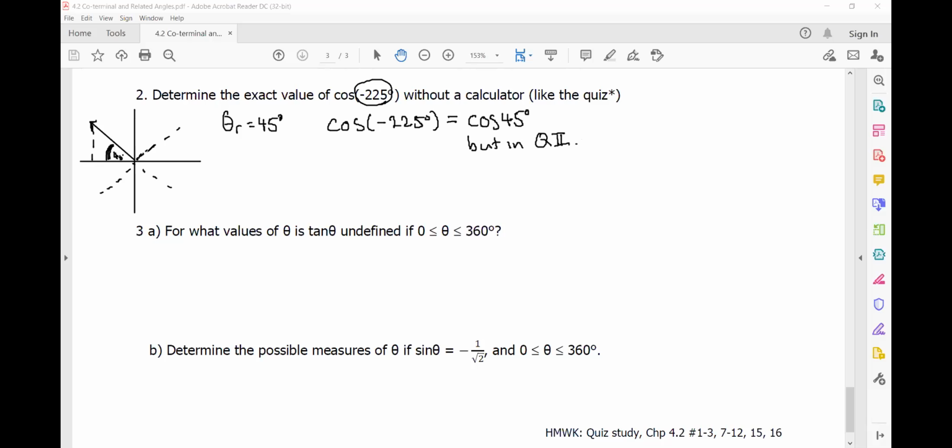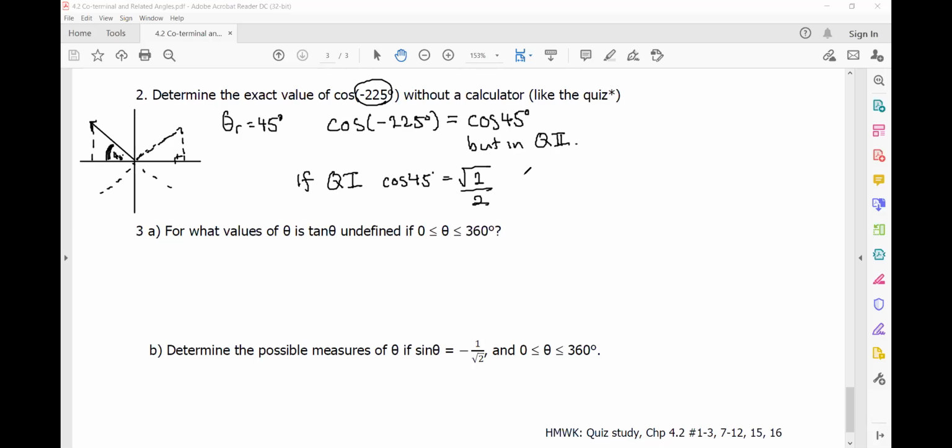So cosine of 45 degrees, let's figure out what the ratio might be if my triangle was in quadrant 1, right? And then once we figured out the ratio, we can apply it to quadrant 2. So if in quadrant 1, cosine 45 degrees using special triangles is root 2 over 2, using either the chart or the special triangles.